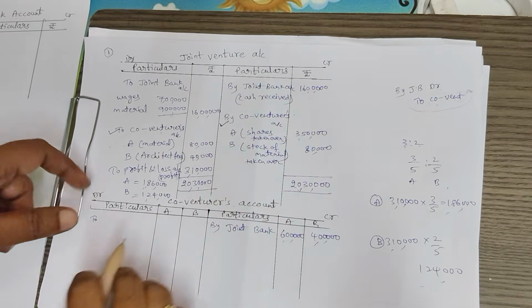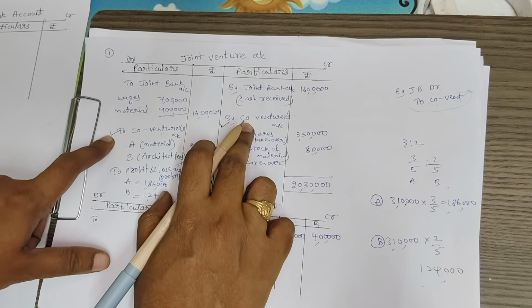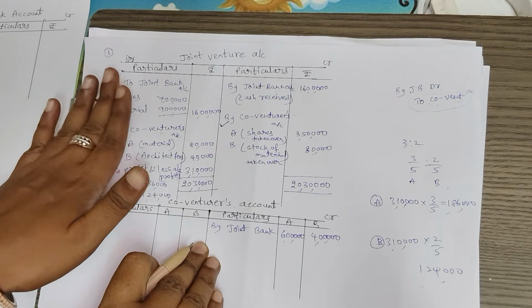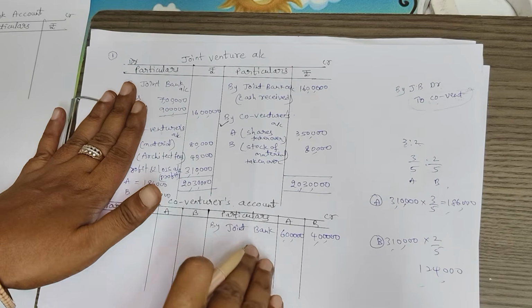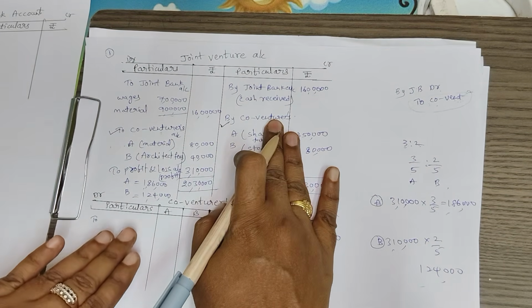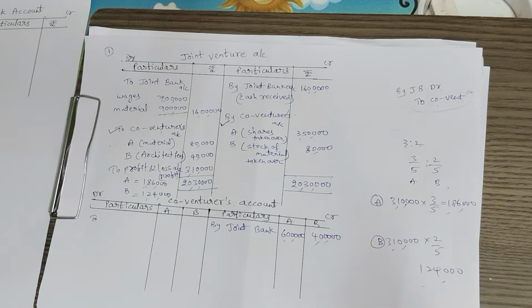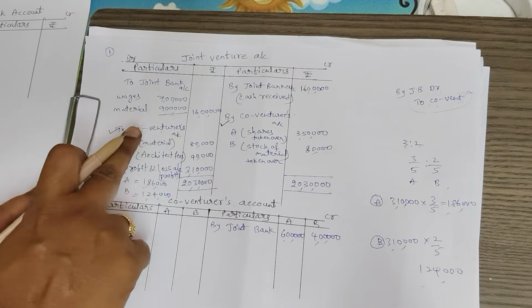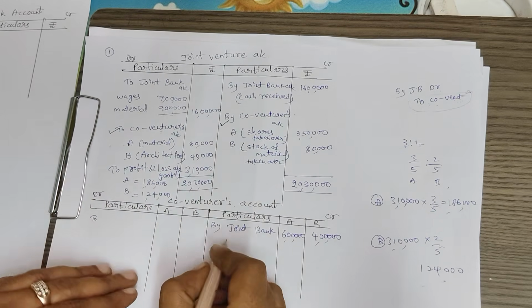So these co-venturers values we need to post in the co-venturers account. How to post? Here debit means in the co-venturers account that will be credit. Here credit means in the co-venturers account that will be debit. See here, joint venture account debit to co-venturers account. In the co-venturers account, by joint venture account.